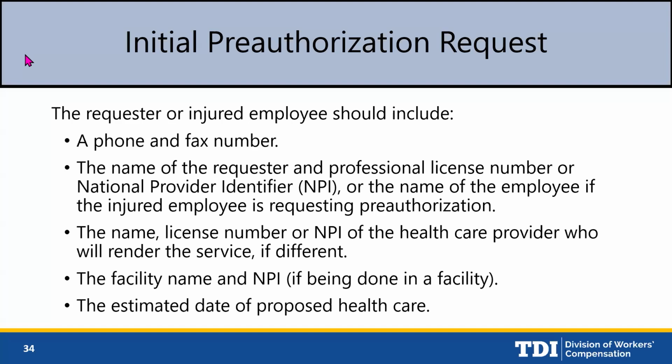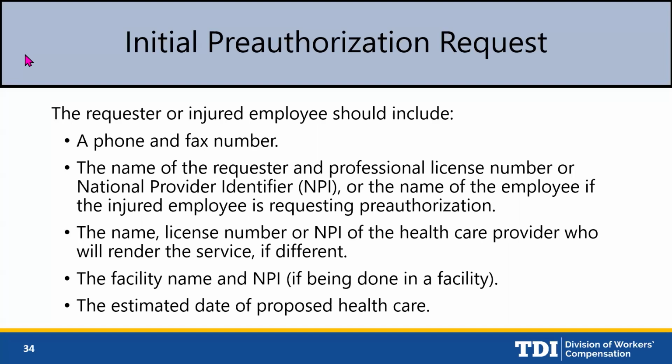Or the name of the employee if the injured employee is requesting pre-authorization. Hopefully it's going to be you, the prescriber, that's requesting pre-authorization. An injured employee can do it, but they're at a disadvantage without the medical necessity justification and documentation from you. Also include the name, license number, or NPI of the healthcare provider that's going to render that service if it's different. So the requester's information and then the person that's going to render the service.